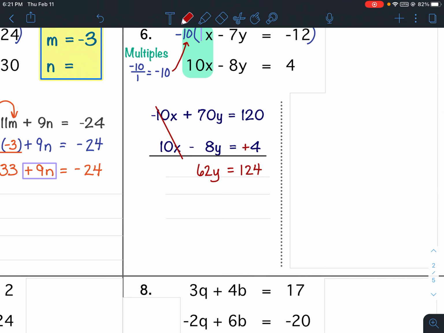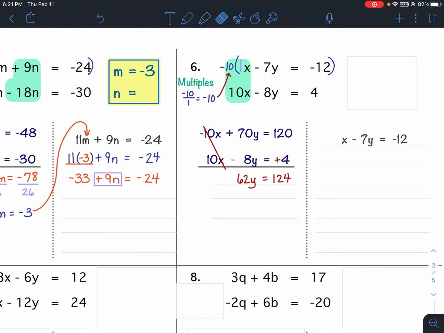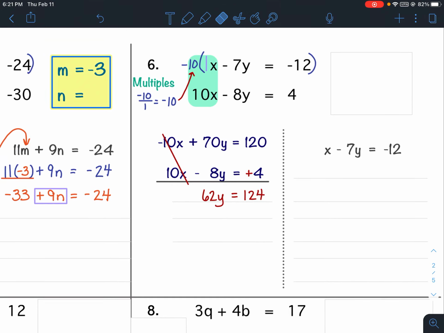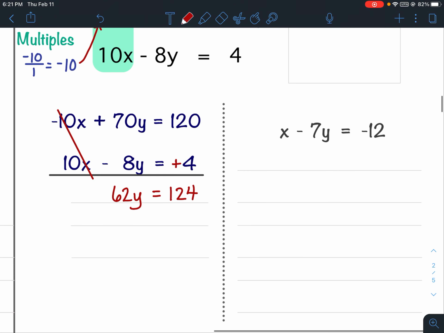You need to divide and you need to find the value of y yourself. After you find the value of y, I would use the top equation and plug your value of y in. In other words, you will have x minus 7. You're going to be solving for y, so I'm going to put the parentheses for y, equals negative 12.